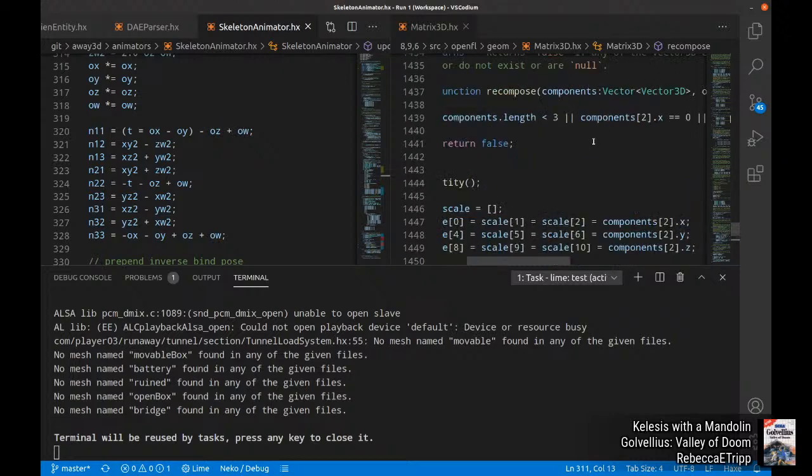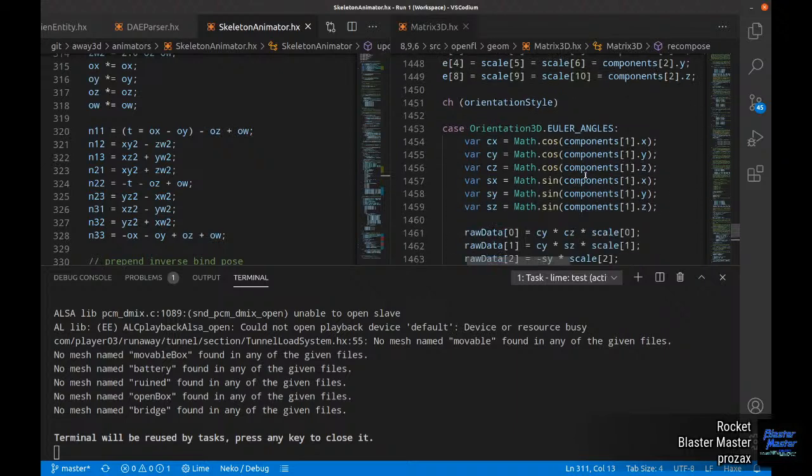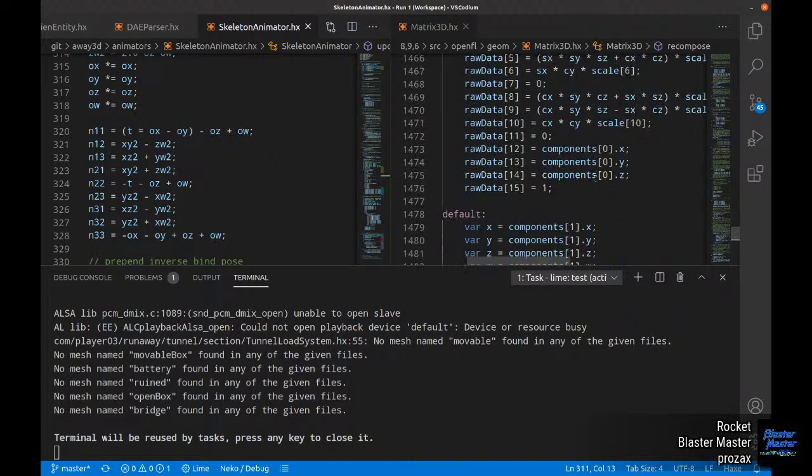Man, this function is not efficient either. It creates this random array and populates it with just duplicate values. But whatever. I guess they felt it was clear.